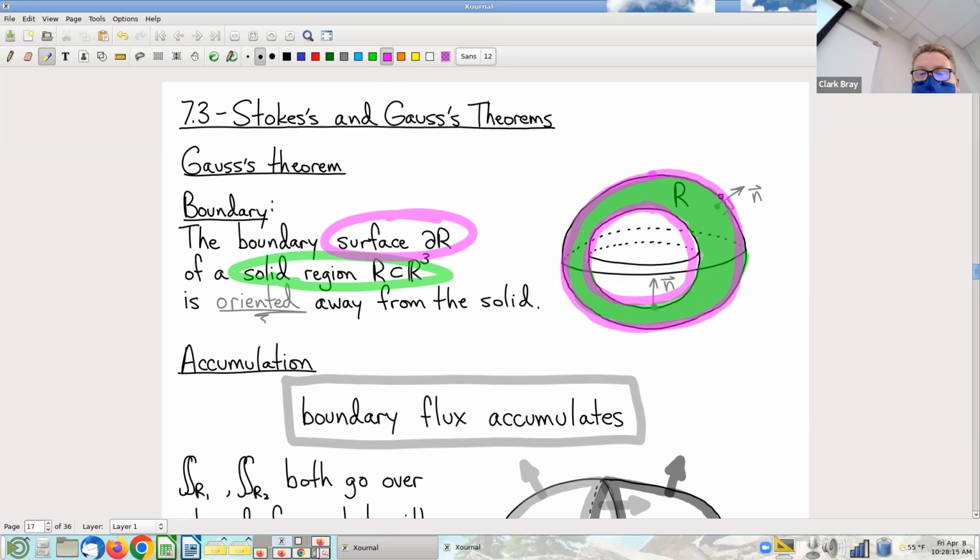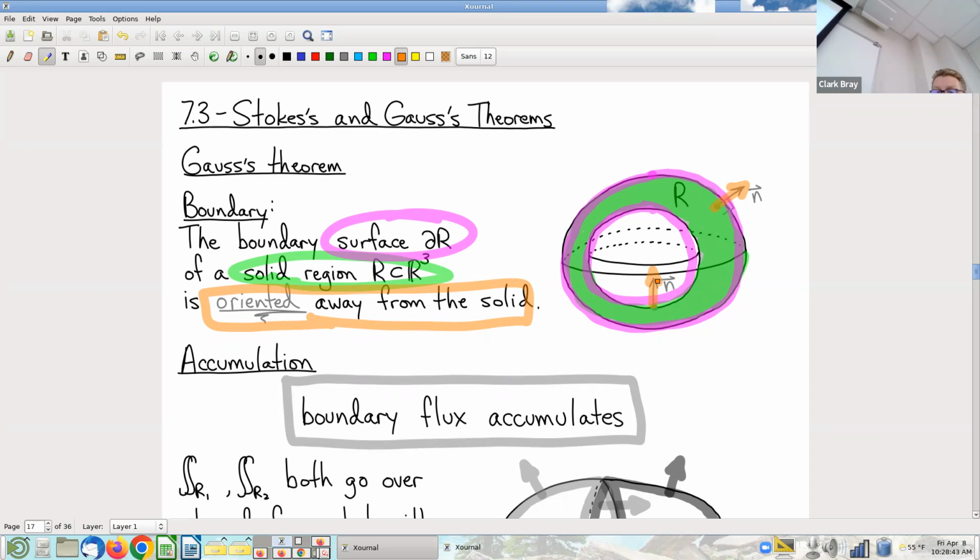Boundary means oriented in a certain way, and here's the rule: oriented away from the solid, oriented into the not solid region, right? In the sense that the boundary is the border between solid and not solid, the orientation always points away from the solid and into the not solid.